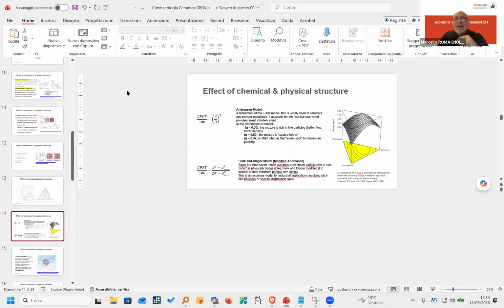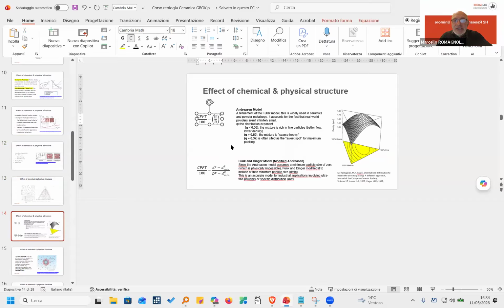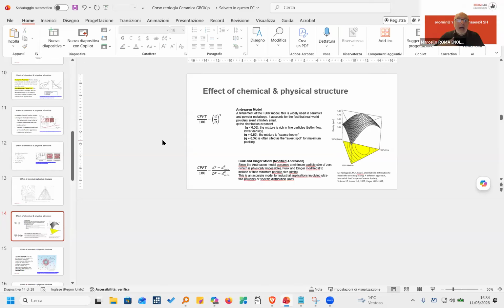No, it's the cumulative percentage, the amount of material that is up to the value D. For example, 50% of the material has a size that is lower than the D value. It is a way to describe the particle size distribution curve.